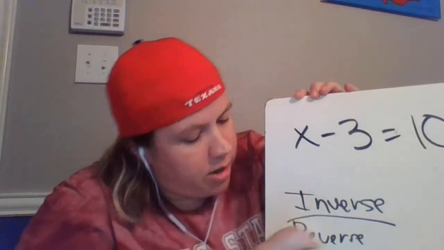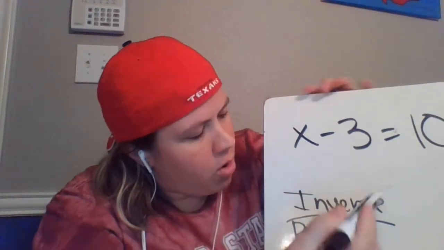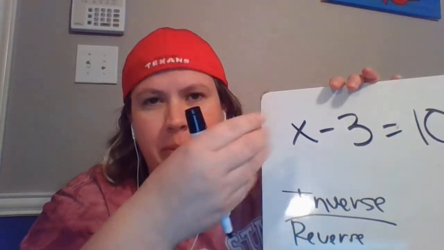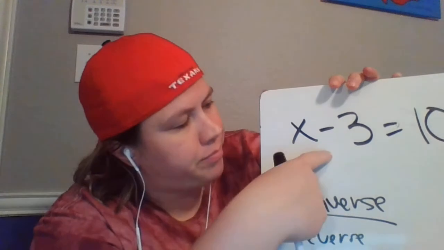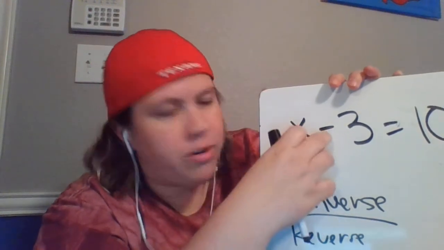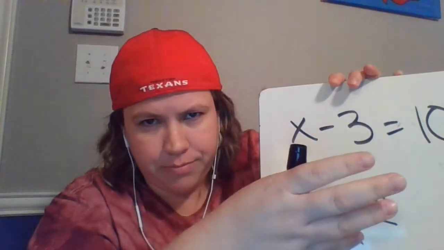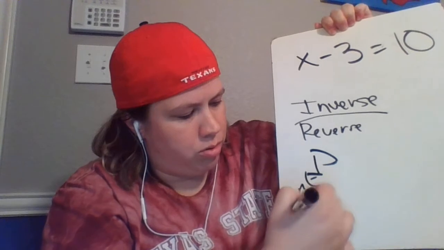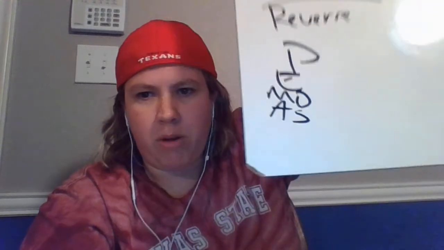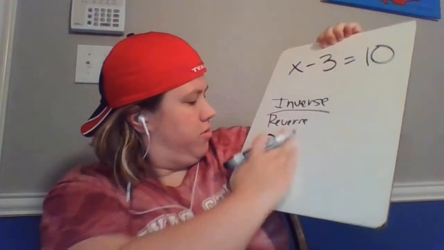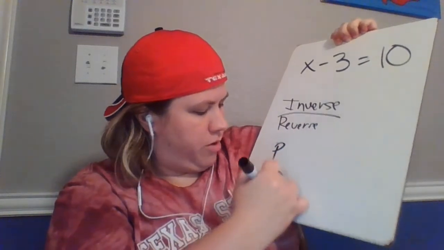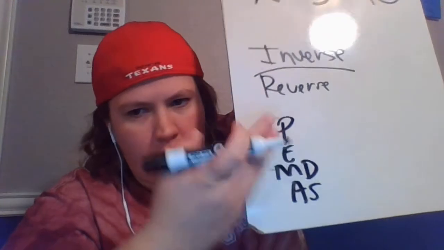Okay, anyways, back to the math. By doing the inverse operation, we're just doing the reverse, the opposite. So the inverse of subtraction is addition. If you remember on PEMDAS, these are all levels.